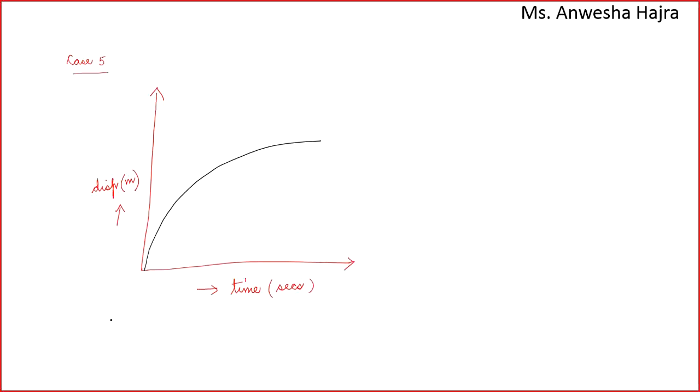From the graph we see that displacement is increasing with time. If displacement is increasing with time, velocity is positive.